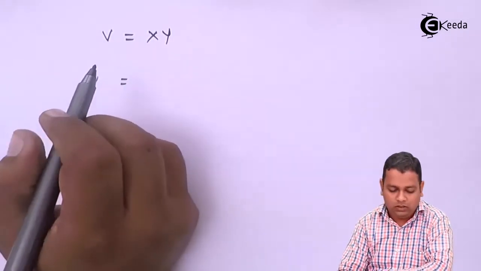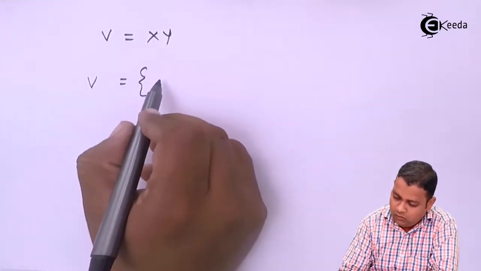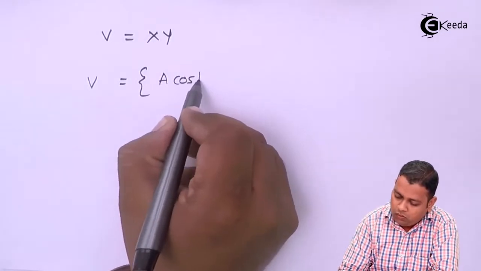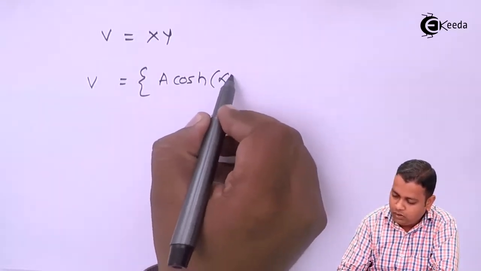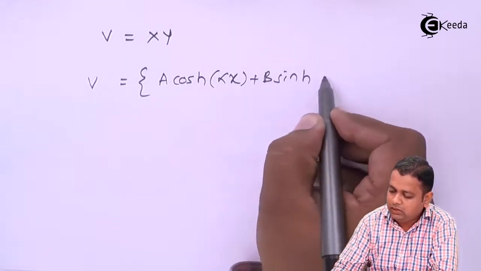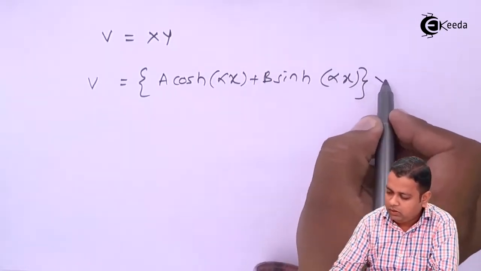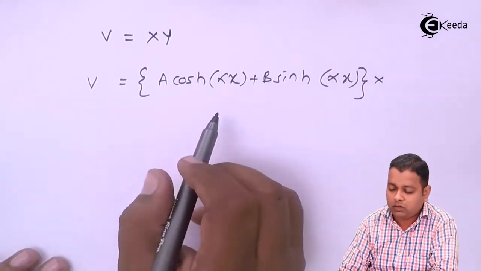we can get V equal to, in the first bracket, A cosh of alpha x plus B sinh of alpha x, in multiplication with the second bracket for y.